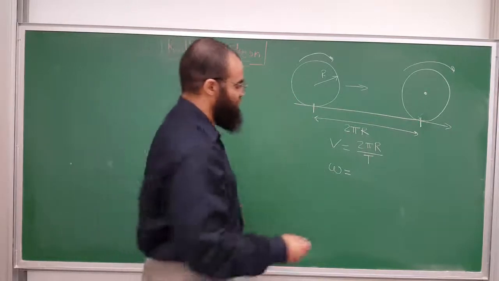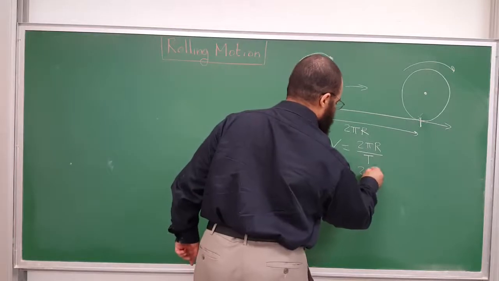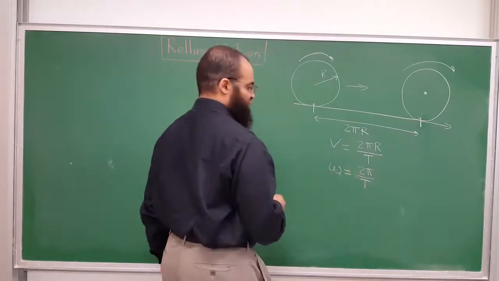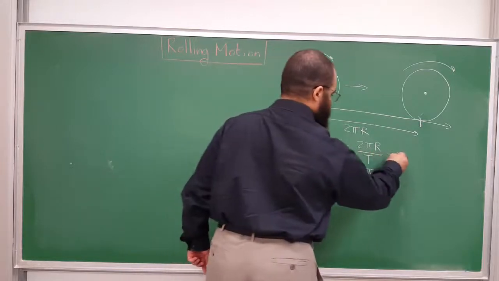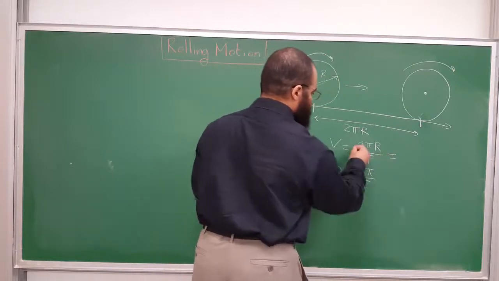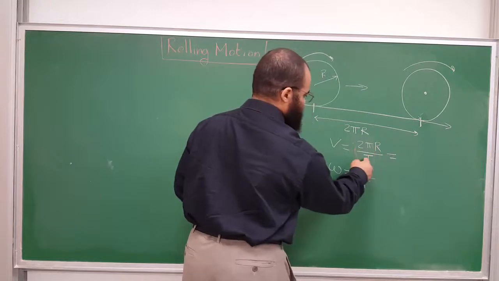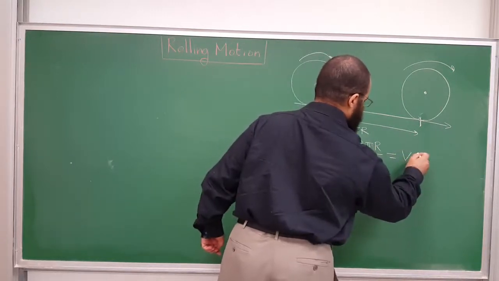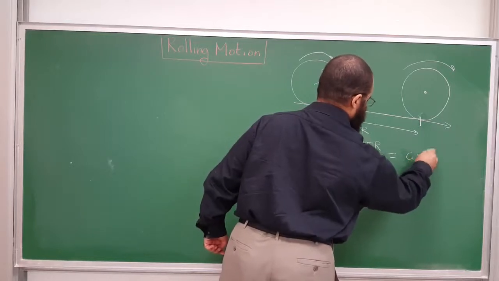If it spins by one turn, that's 2 pi, and it did that over a time period, capital T. And so, for rolling without slipping, notice 2 pi over T is equal to omega, so it's equal to omega times r.